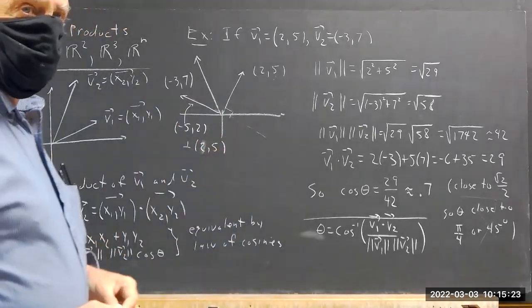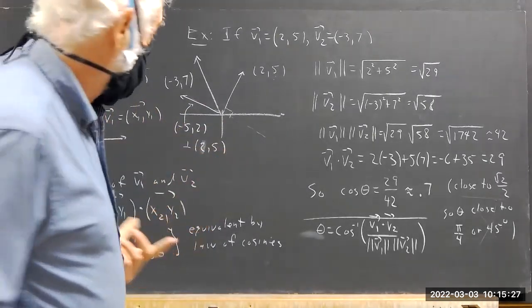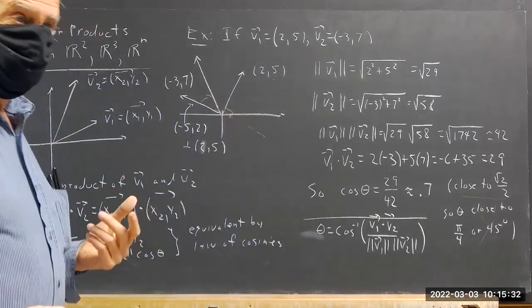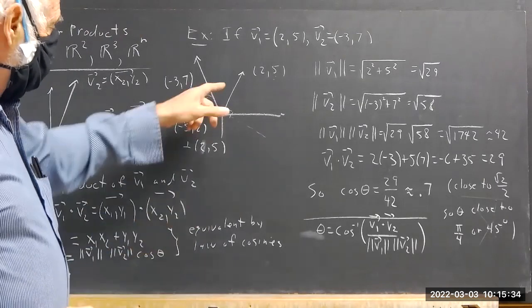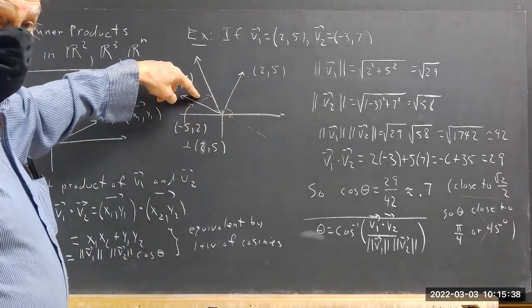Okay. Now, we can do two things with this vector. We could then calculate this angle. And if this angle is exactly 45 degrees, then this is going to be exactly 45 degrees, right?